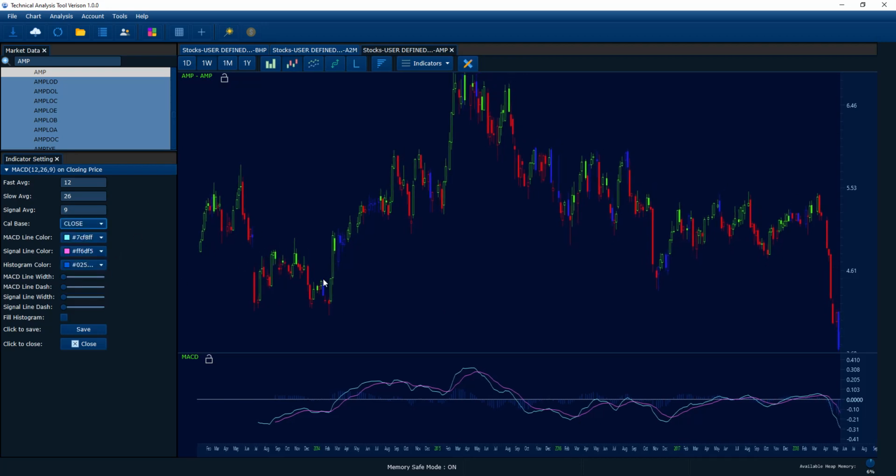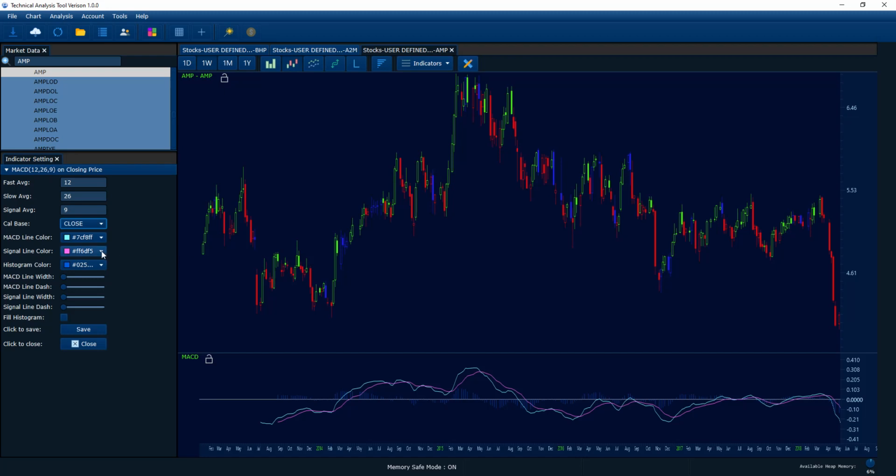That's that part. The rest of them are the MACD drawing configuration. You can obviously change the MACD line color, so we can change it to white, and you can also change the signal line color as well, for example, to yellow. The MACD line width slider, left and right.